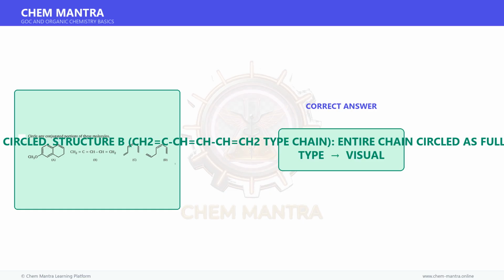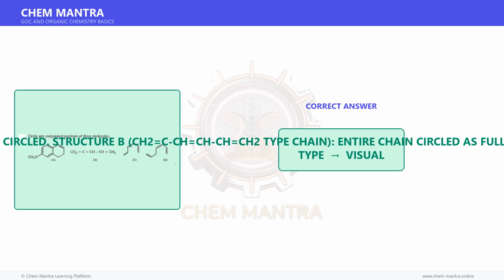Therefore, the correct matching is: the answer is a set of redrawn structures with conjugated portions circled, not plain text. Structure A, methoxy fused ring plus exocyclic alkene system, entire extended ring plus chain conjugated system circled.